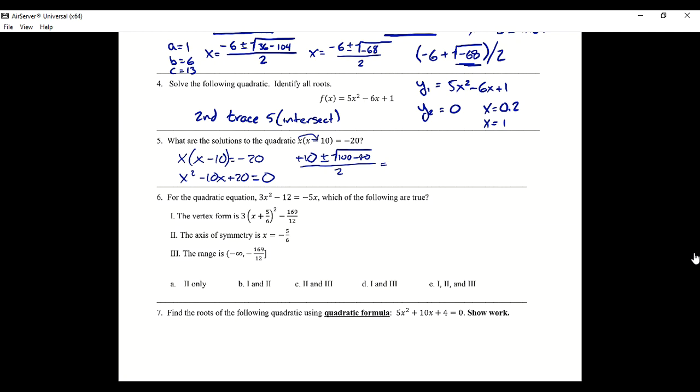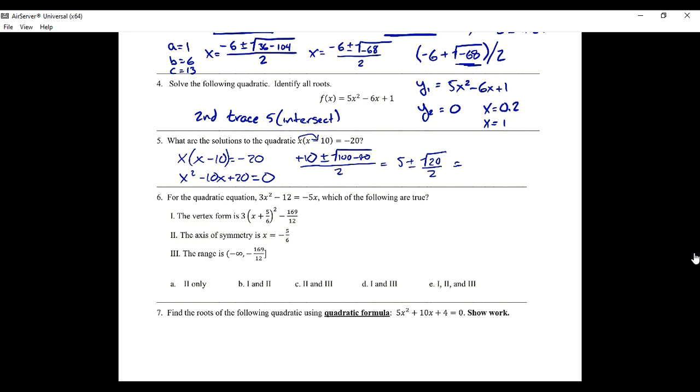So we have 5 plus or minus the square root of 20 over 2. And if we wanted to, we could check if the answer's in a fraction form, we're good here. Otherwise, we could go ahead and take the square root of 20 divided by 2.